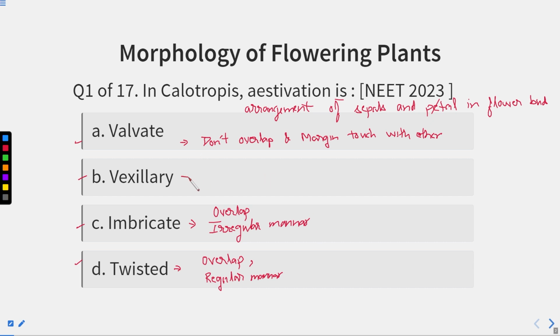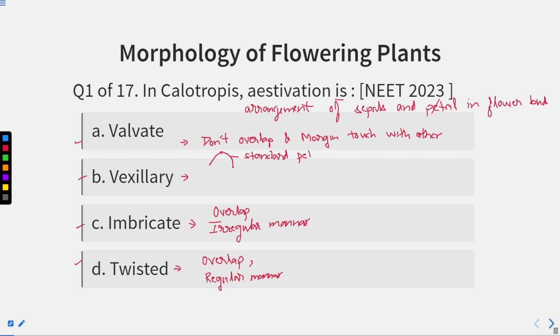Okay, now let's talk about the vexillary estivation. So this is a different kind of estivation. What happens here? Diagrammatically I'll explain. There is one large petal here, which is known as the standard petal.